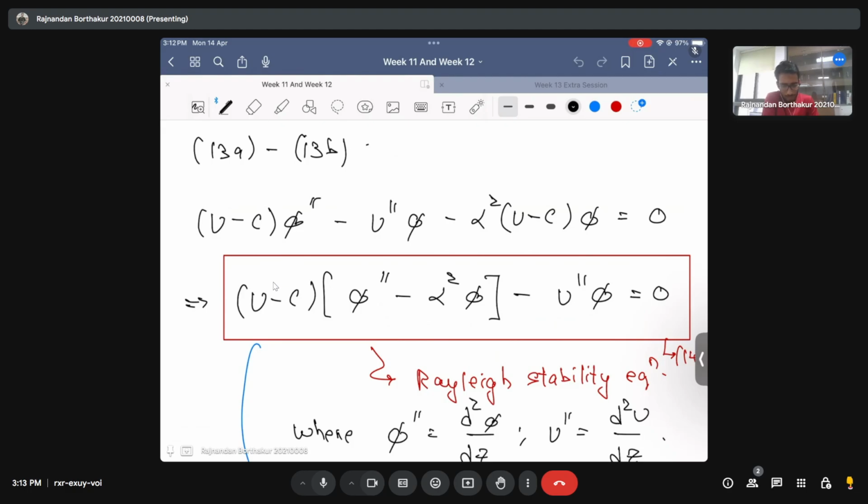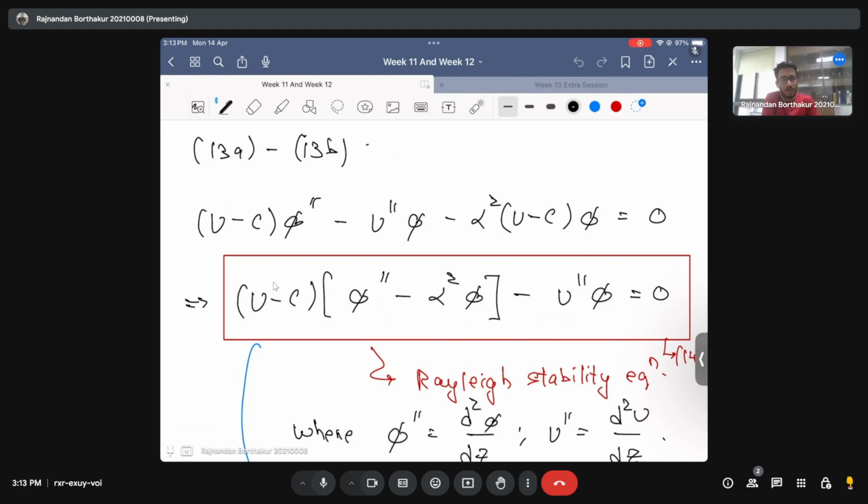By substituting the form of normal modes in the linear governing equations for the perturbations, we got certain ODEs, and our objective was to solve them. We basically got four equations: first the continuity equation, followed by the three momentum equations in the x, y, and z directions.